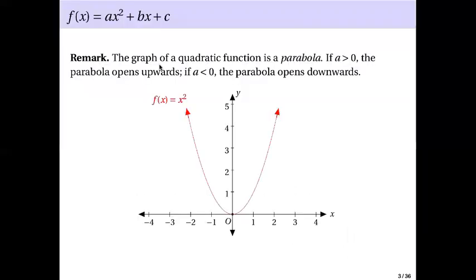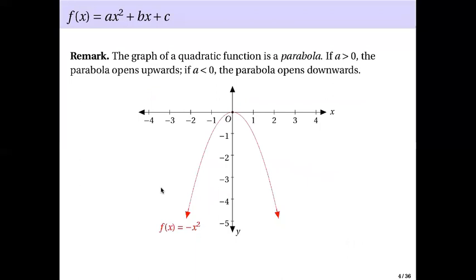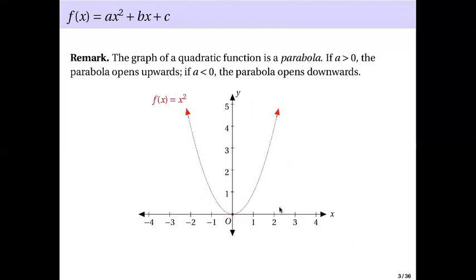Either it's opening upwards or downwards, and that depends on the coefficient a. If a is negative, you have opening downwards. If a is positive, you have opening upwards.